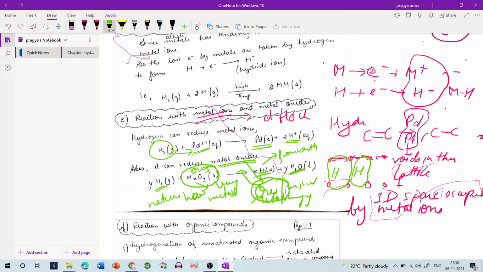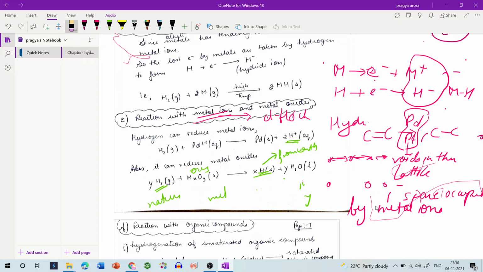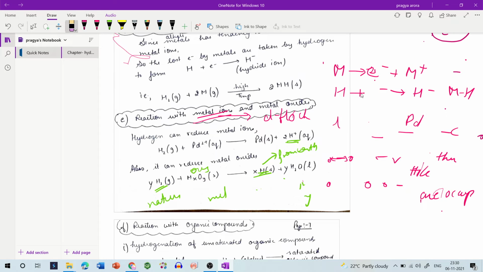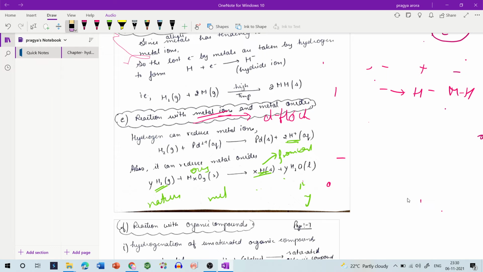Metallurgy is the science where we study how metals are extracted from the earth.